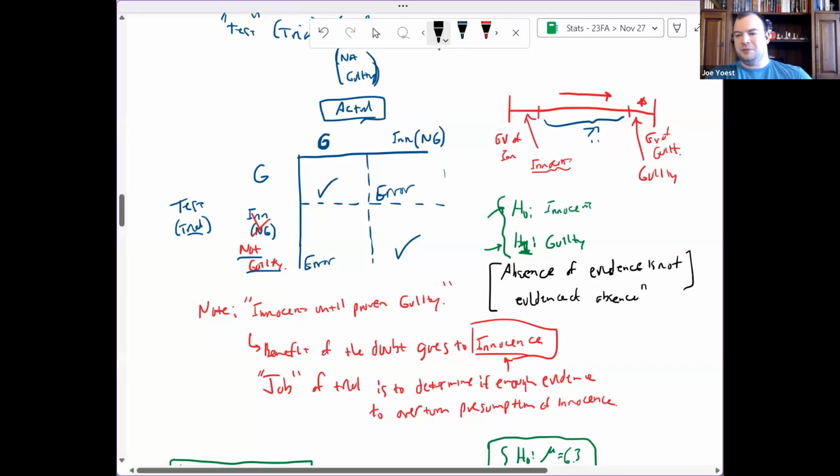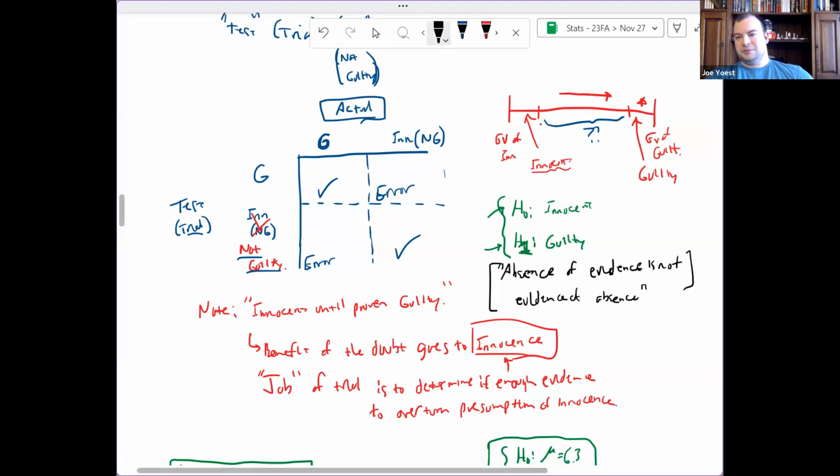This is a quote that you might hear from time to time, especially in the scientific world. Essentially what that means is that the absence of evidence that a person is innocent, if you can't find evidence that the person's innocent, is not in and of itself evidence that they're guilty. So that's what this is saying, right?